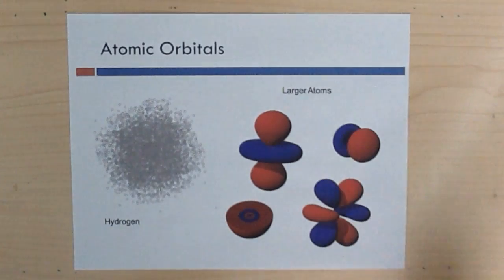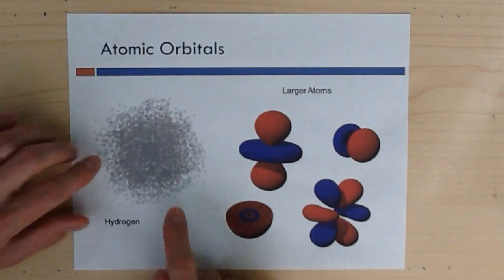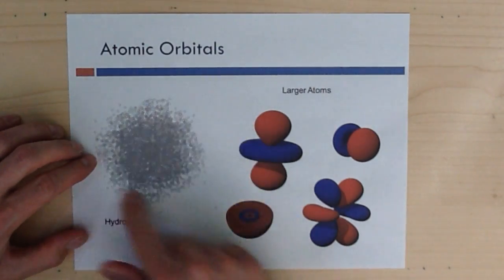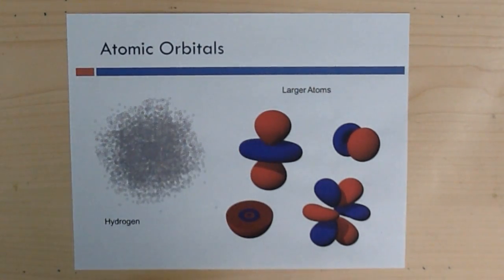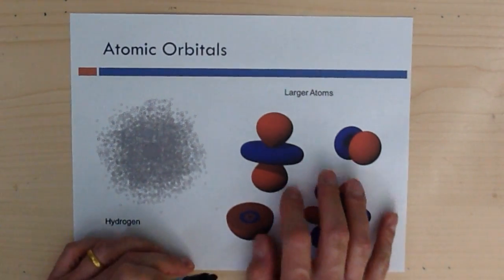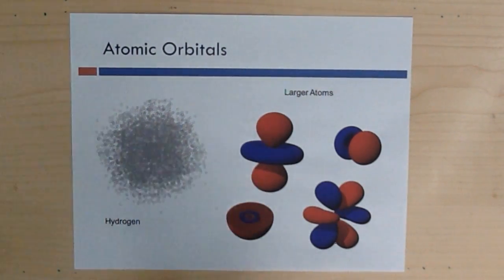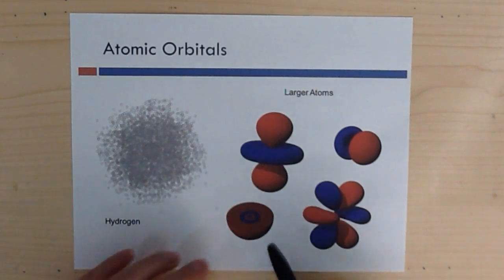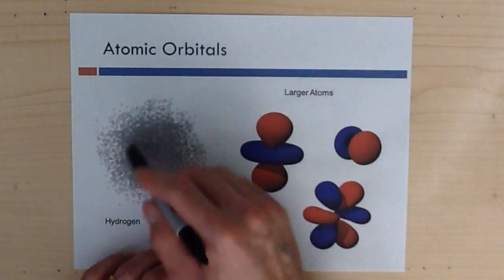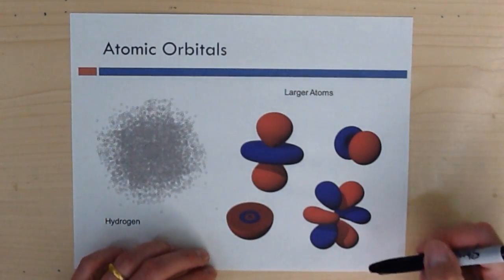All right, now I promised you that I'd show you some better views of orbitals, and this is what we drew in our notebook, of course, and this is a cloud or a 3D map of where you'll find the electron. But please do understand that for larger atoms, atoms like titanium, like silicon, like iron, like all the ones that we saw in the periodic table, the three-dimensional shape of the orbital can be actually very complex.